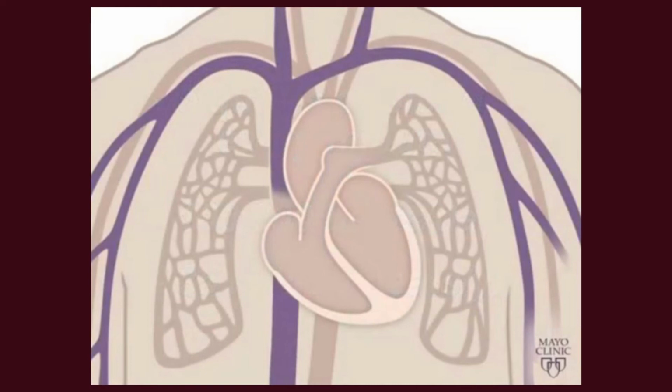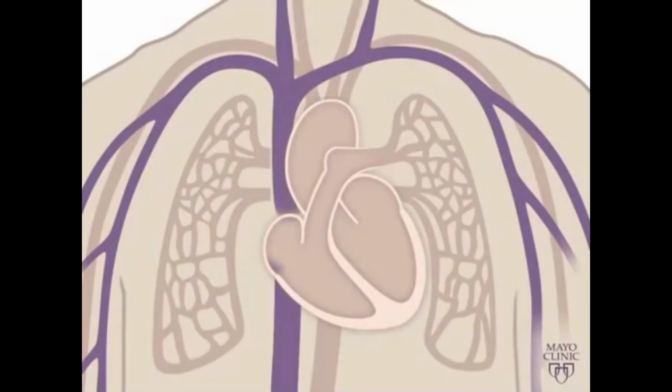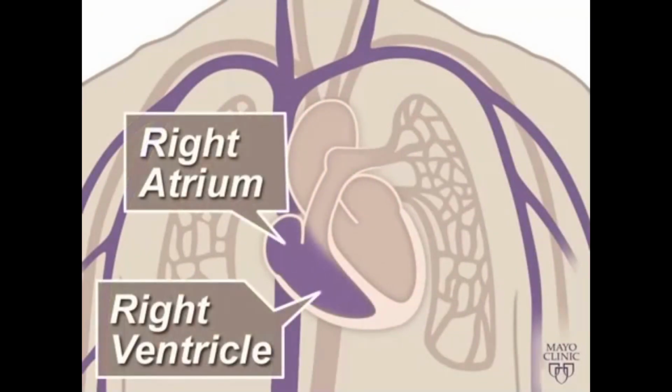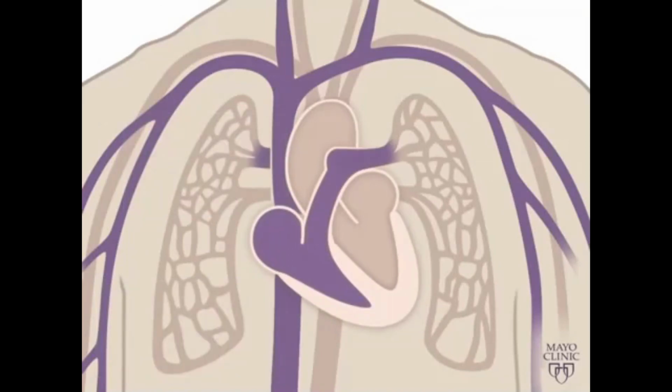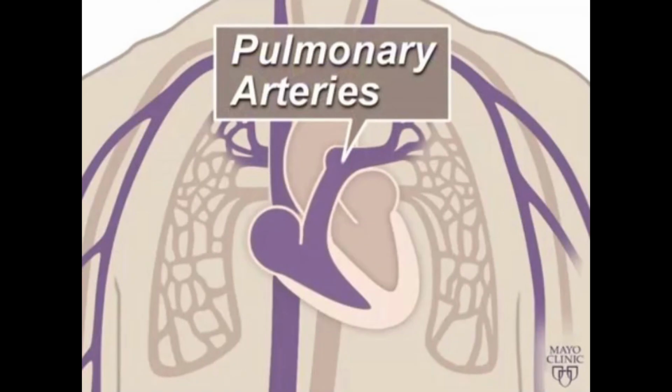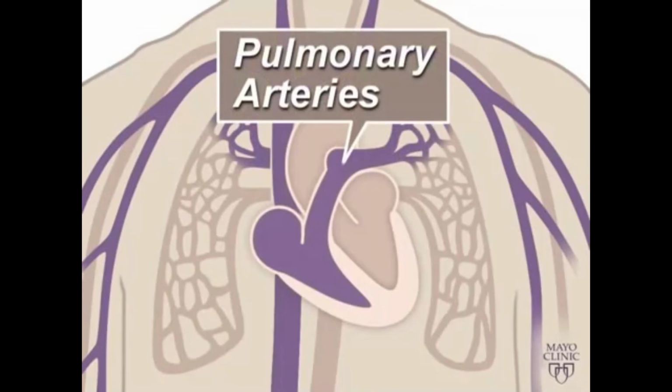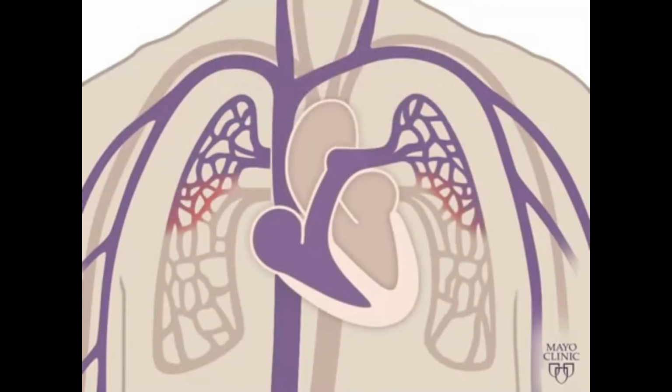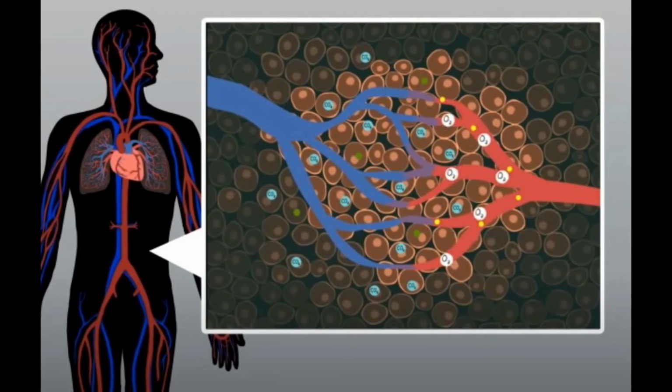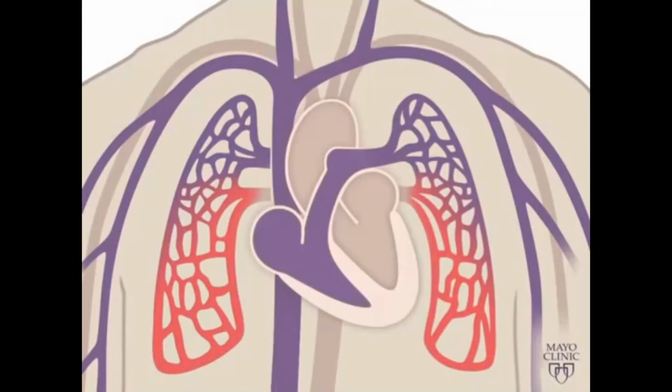Then it will be received by the right atrium, and the blood goes down to the right ventricle. The right ventricle pumps the deoxygenated blood and it passes through the pulmonary artery that leads to the lungs to get oxygen. The deoxygenated blood will now become oxygenated blood.